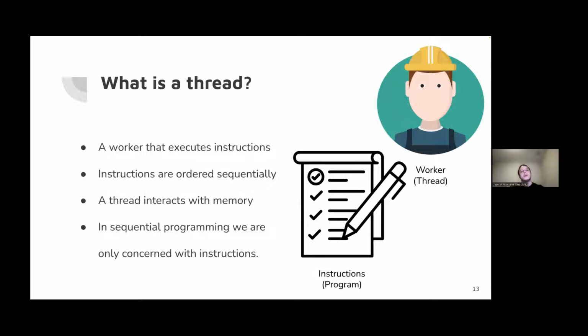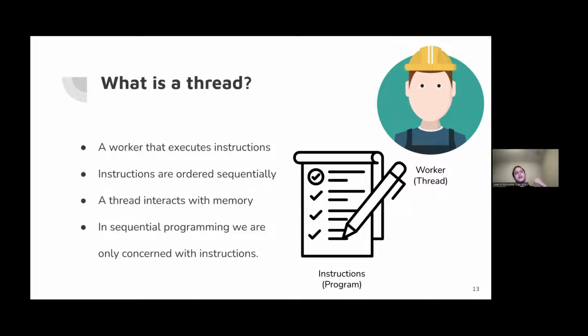Okay, so when we talk about hardware threads, we are talking about the capacity of each of the cores in the system, the die that you buy, being able to execute an independent set of instructions or an independent program from the other hardware threads, right? When we are talking about software threads, we are talking about how the operating system provides the applications the ability to create these workers. So a thread can interact with memory the same way that a sequential program interacts with variables.